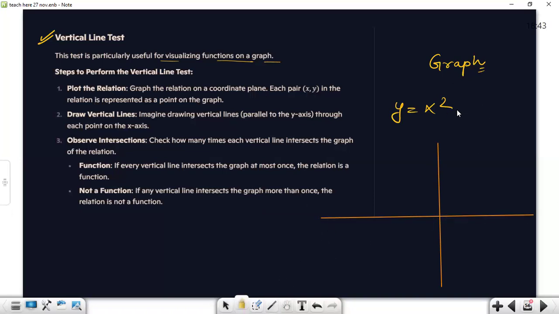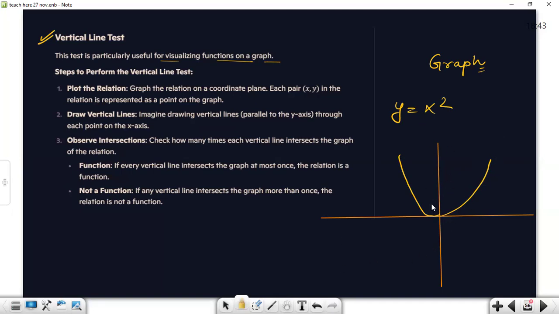Y equals x squared. For all values of x, it will also touch the origin. Please understand this is a parabola.